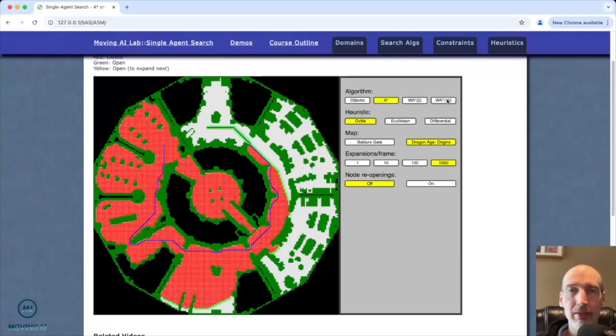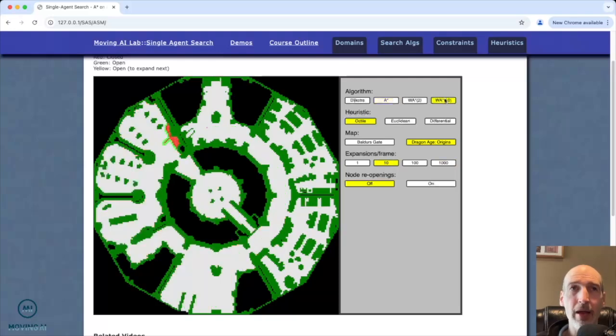But there's something that we can actually see really, really clearly with weighted A star with a higher weight, and it has to do with the shape of the open list. So if we watch this going out, we can see the shape of the open list is defined by these sort of diagonal, and then a piece here, and a diagonal, and then another piece there.